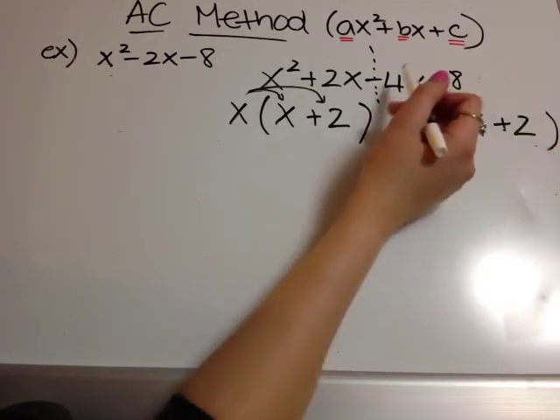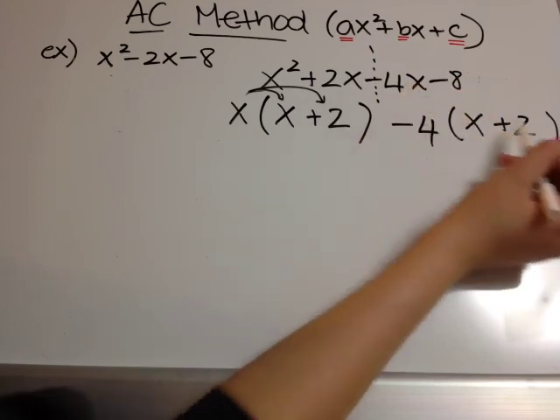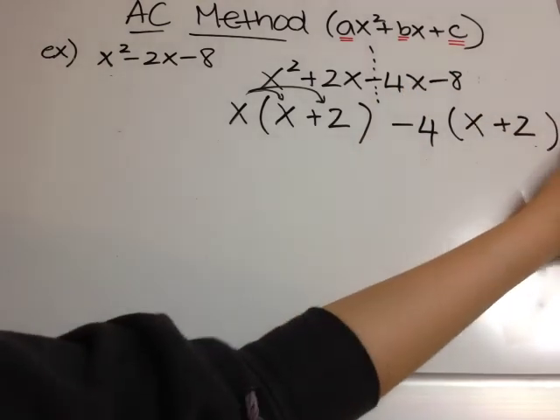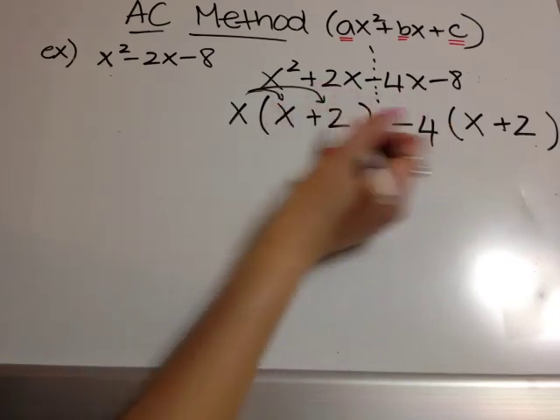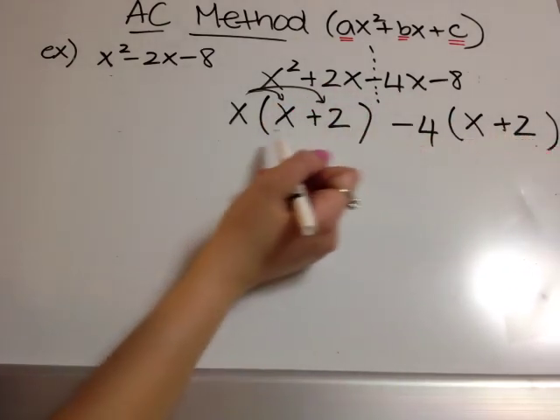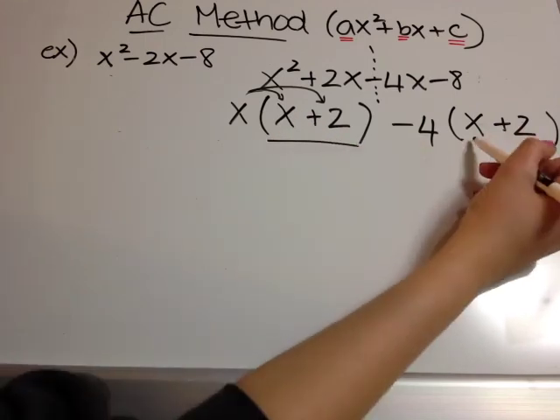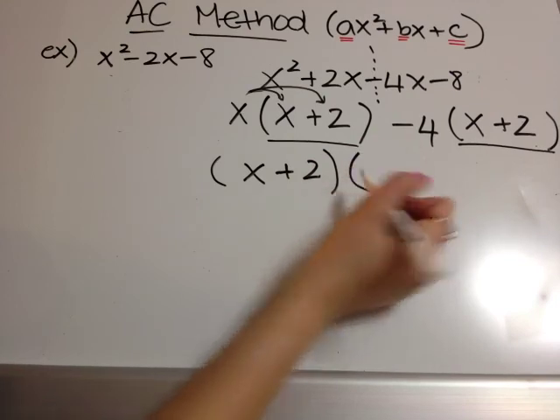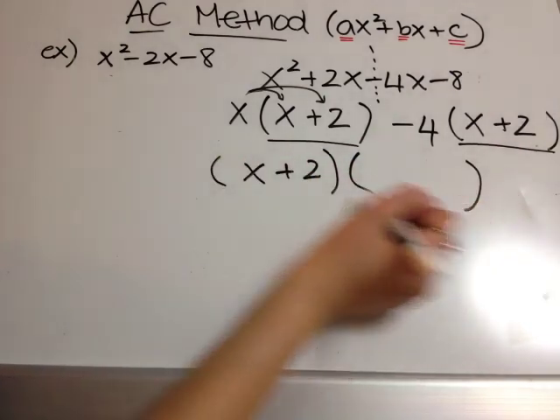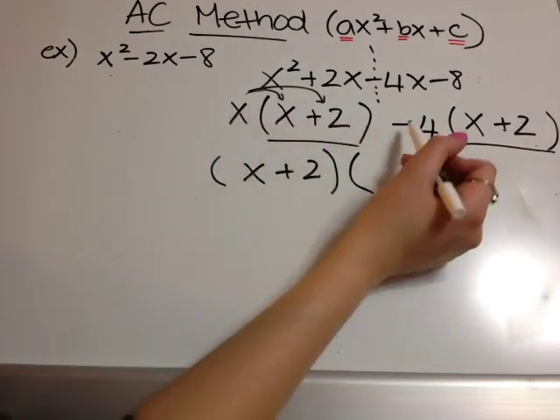Negative 4 times x is negative 4x. Negative 4 times 2 is negative 8. That means I did this right. Finally, I'm going to take whatever these two terms have in common. They have an x plus 2 in common, so I'm going to factor that out. And then I'm going to put in this parentheses whatever is left over, which is x minus 4.